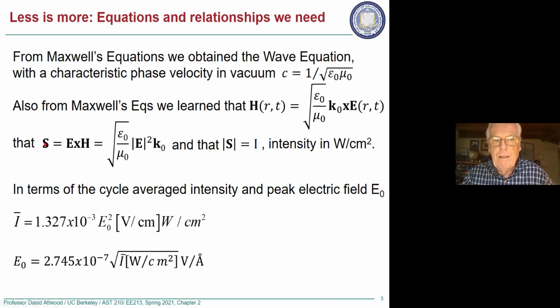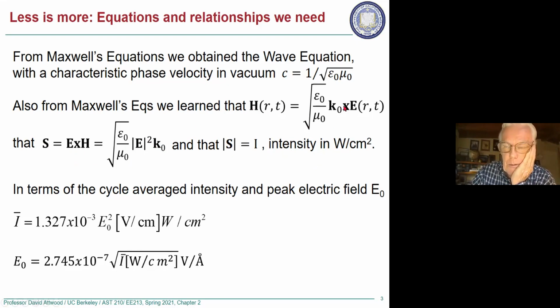So this is a vector power per unit area, and by the way, the magnitude of that is what we call the intensity, which we typically write in watts per centimeter squared. Okay, so the intensity in watts per centimeter squared is going to be this quantity without the unit vector. This is giving a directionality. This is the vector direction of this, okay? So these are relationships we need to know.